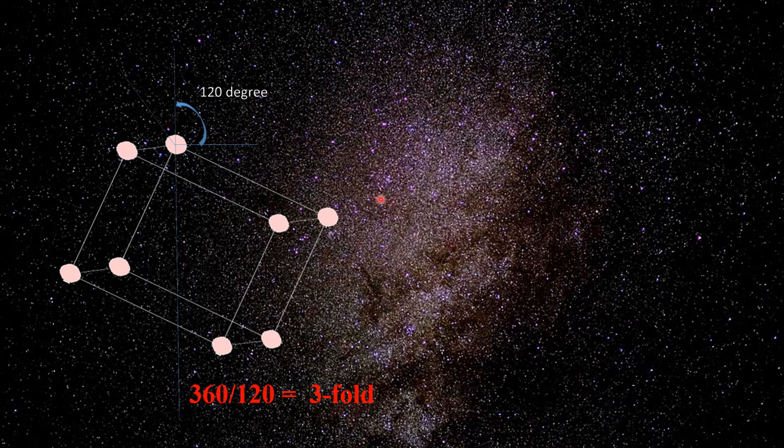Again we get the same cubic structure with the same symmetry. So this axis is the threefold axis of symmetry. When we rotate the crystal 3 times, we again get the same appearance.